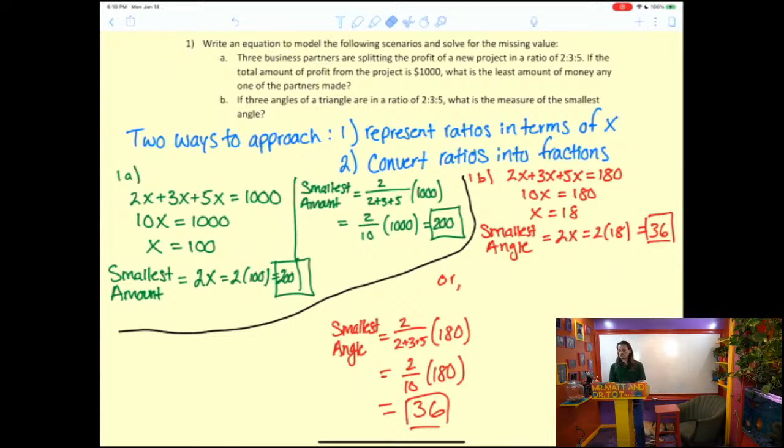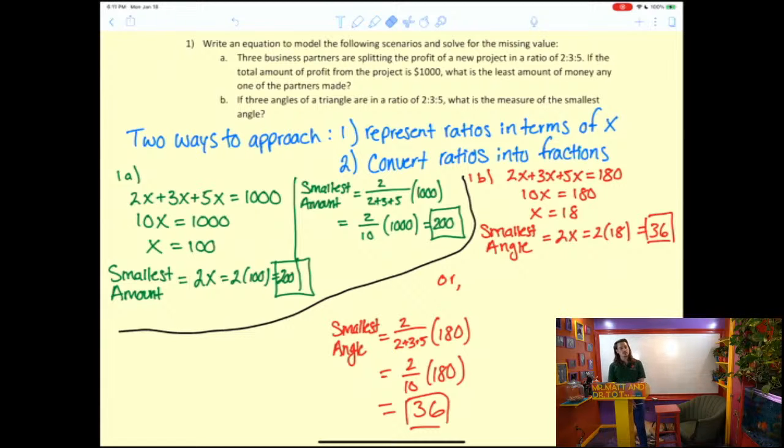So for the smallest share of this business venture, the numerator would be 2, because that's the ratio element that represents the smallest share in the 2 to 3 to 5 ratio. The denominator would be the sum of all the ratio elements, so 2 plus 3 plus 5 is 10. So the smallest share represents 2/10 of 1,000. 2/10 of the total $1,000 of profit is $200 of profit.